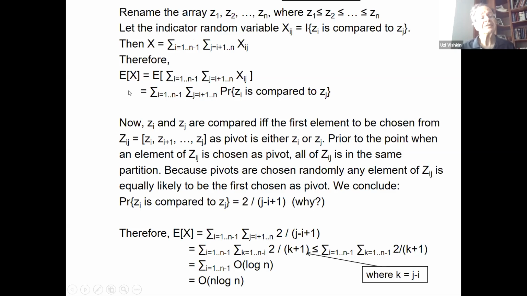And the question we are asking is, what is the expected value of X, which is the sum of the indicators? In other words, just to restate our definition, we are asking to sum over all pairs the probability of whether Zi is compared to Zj, which is the quantity that we sum up.